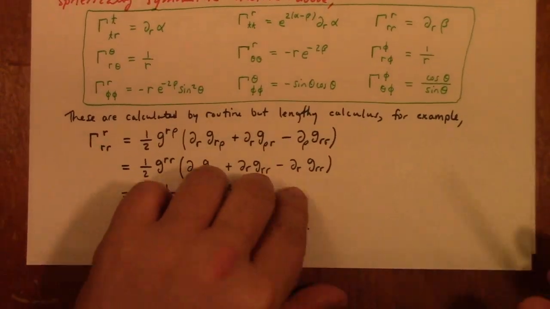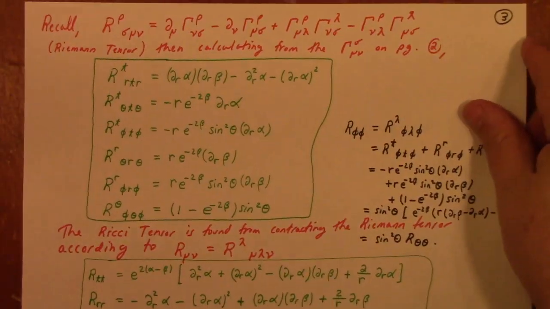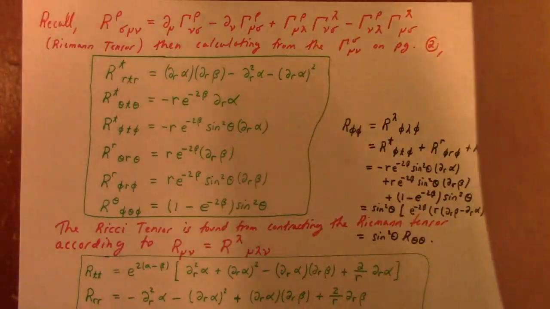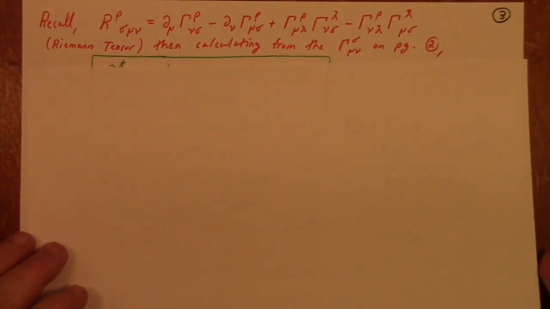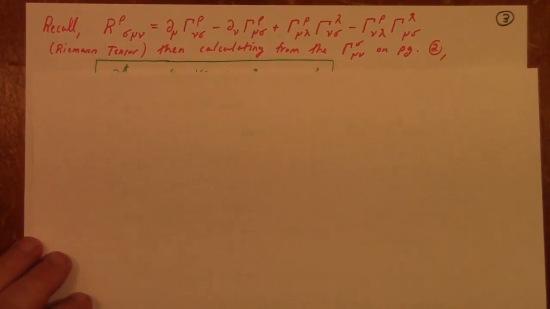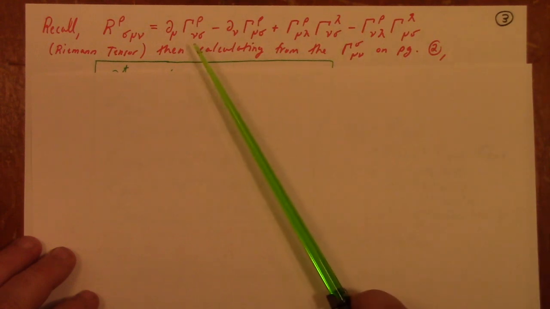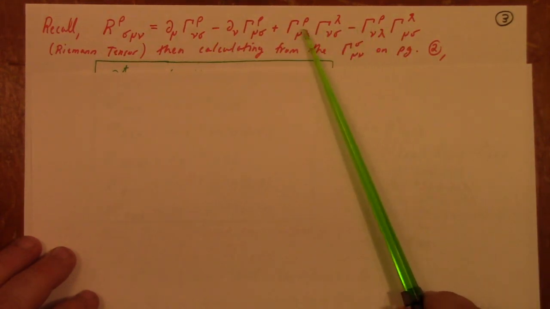And then, next, you can calculate the components of the Riemann tensor here, right? So remember the Riemann tensor we get from taking derivatives of the Christoffel symbols and then contracting the Christoffel symbols against themselves like this.